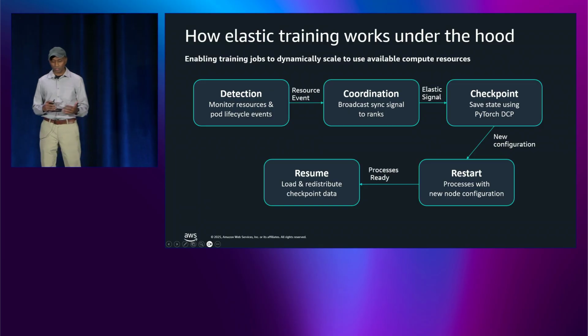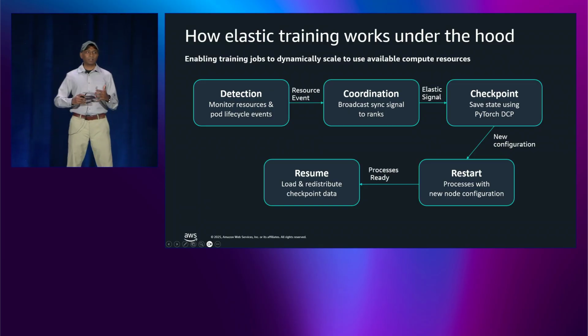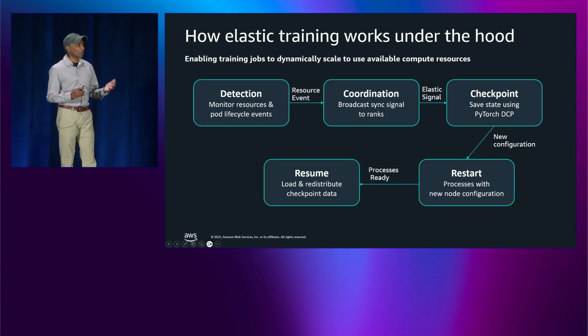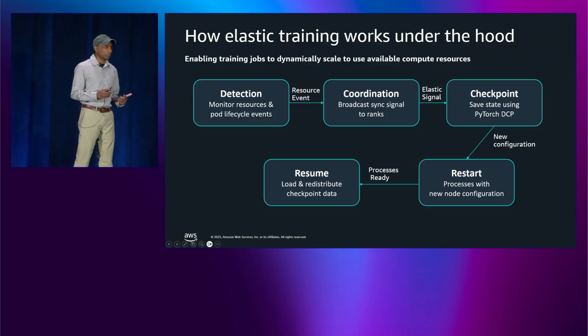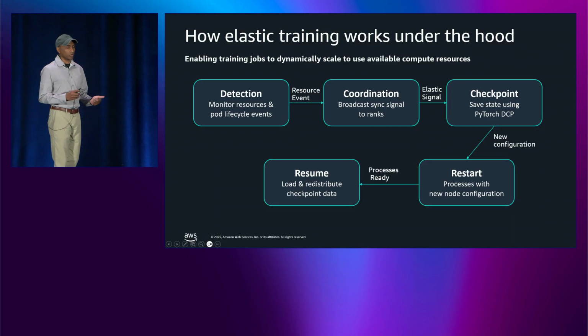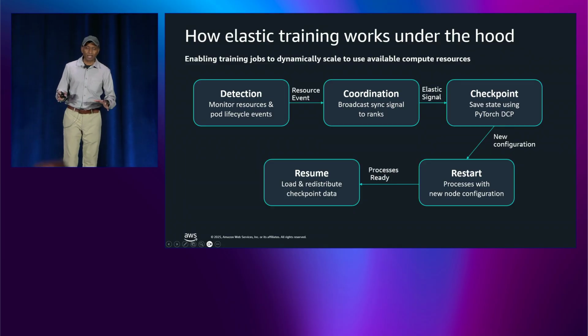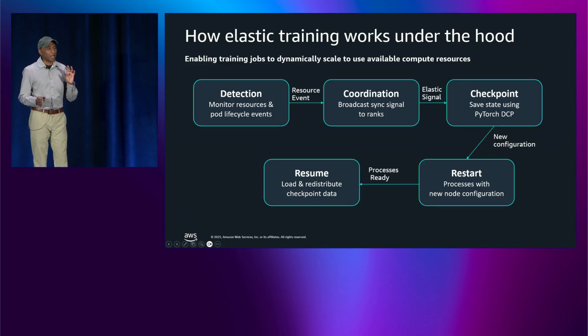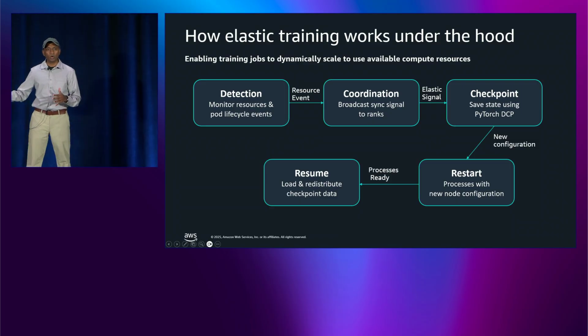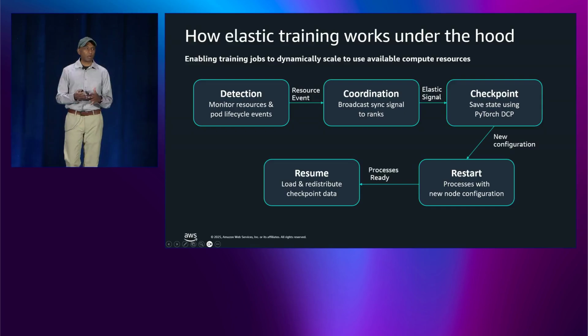And when these training processes bootstrap, they realize that they have been restarted, they will load the checkpoint, understand that they need to reconfigure and redistribute the checkpoint, and they will continue training. All of this happens automatically for you, and it takes a few seconds to complete so that your training job can continue and your GPUs don't have to sit idle.